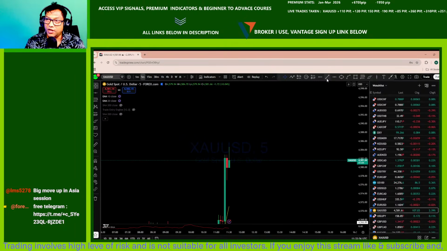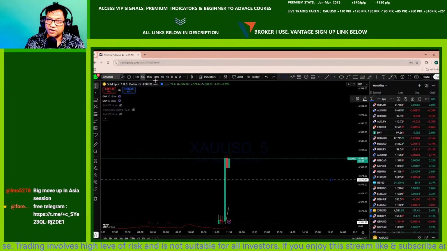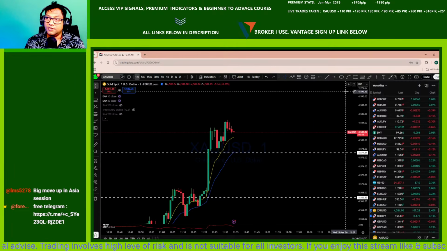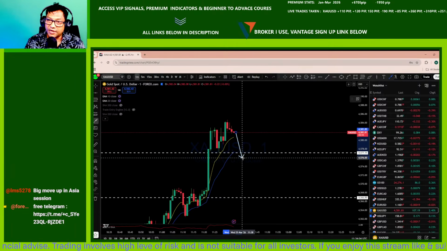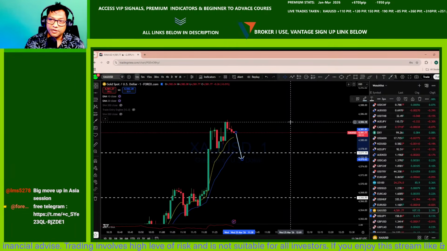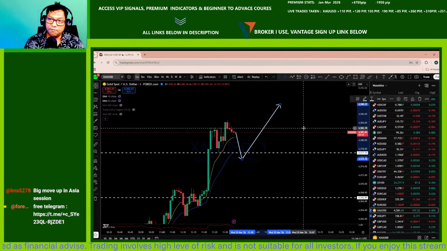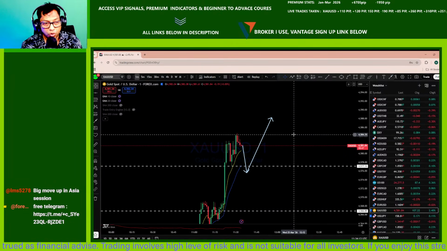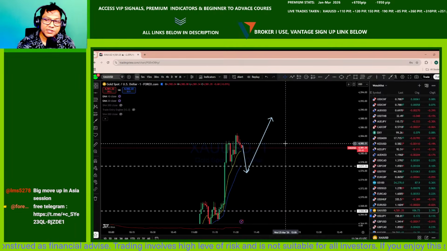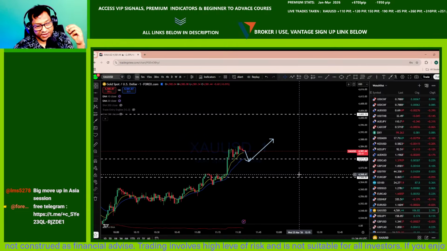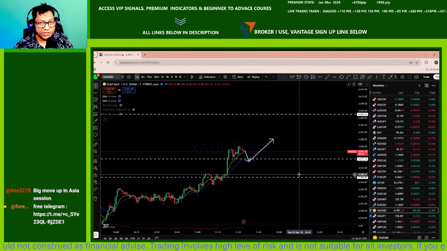On the lower time frame market structure we have seen a consolidation pattern. We are expecting this market to respect that support and reject back above, and that's where we will be looking for entry at this key level, because we want to buy from an important area of value. That's the technical.